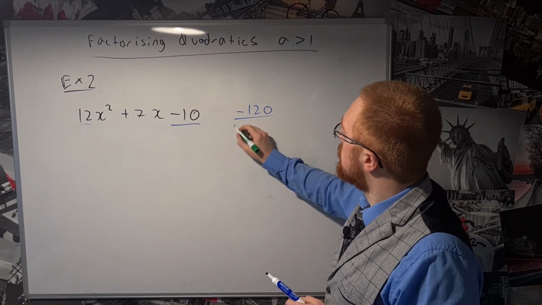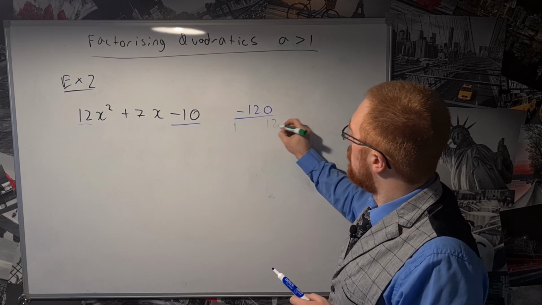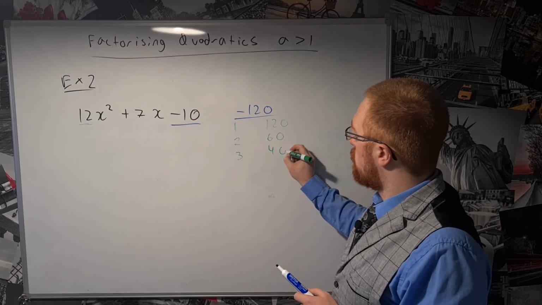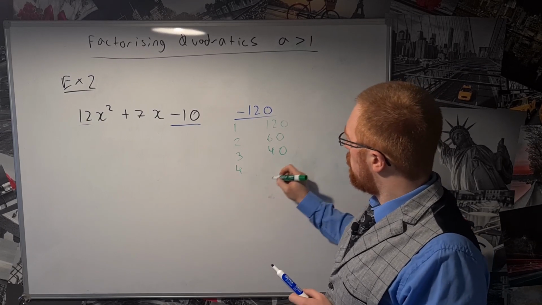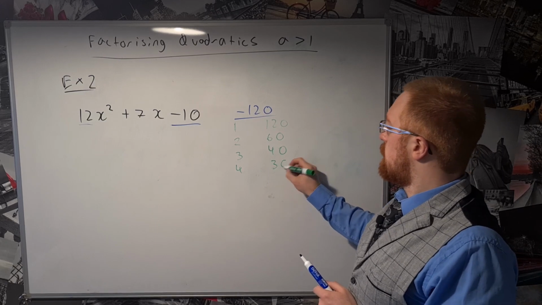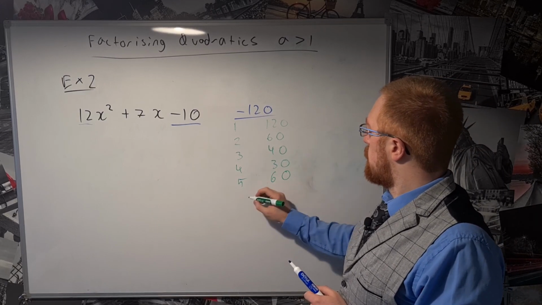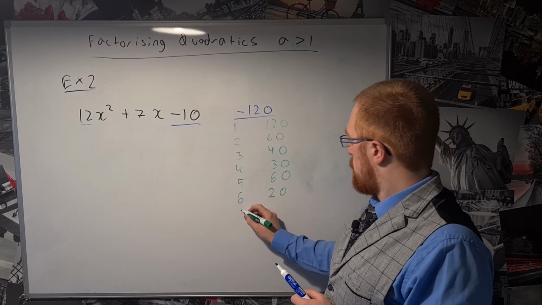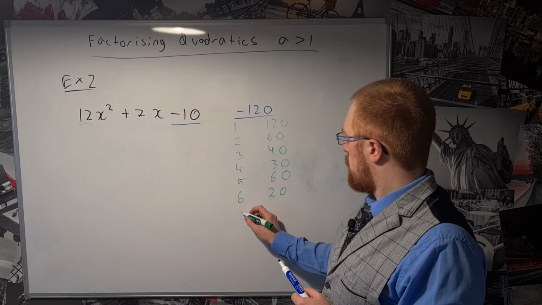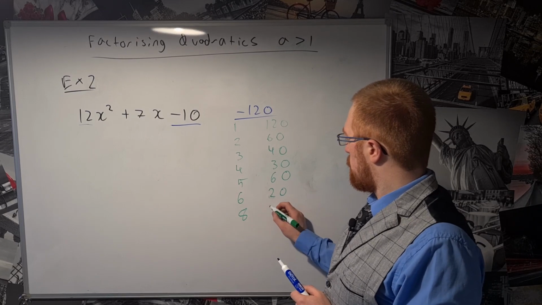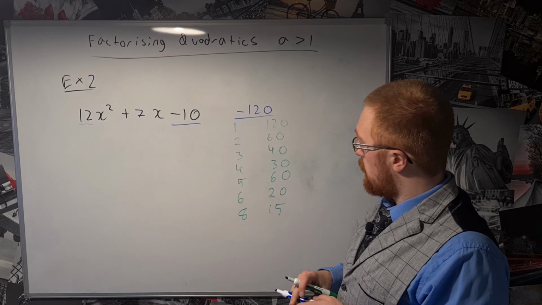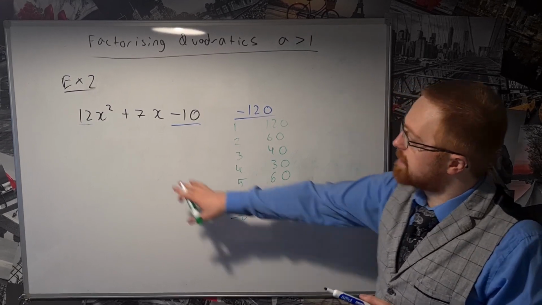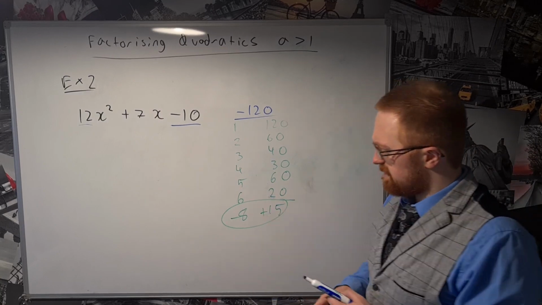So 1 and 120 is clearly way out, 2 and 60, 3 and 40, 4 and 30, 5 and 24, 6 does go into it, 6 goes into it 20 times, nearly there, 8 and 15, and then we can stop because plus 15 and negative 8 give me 7.